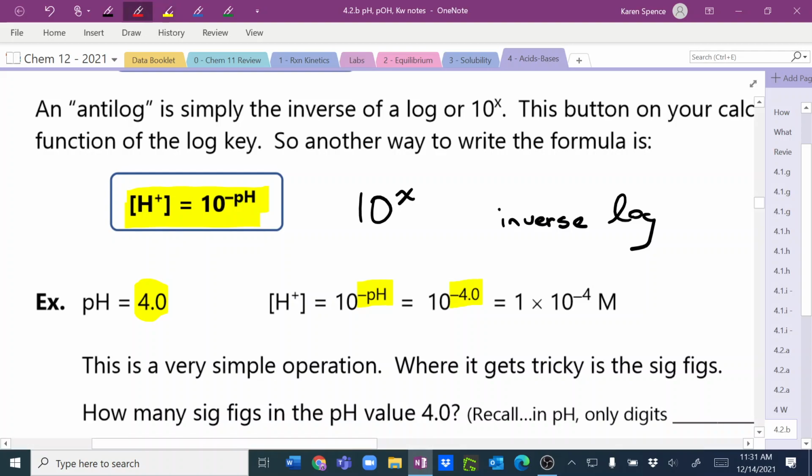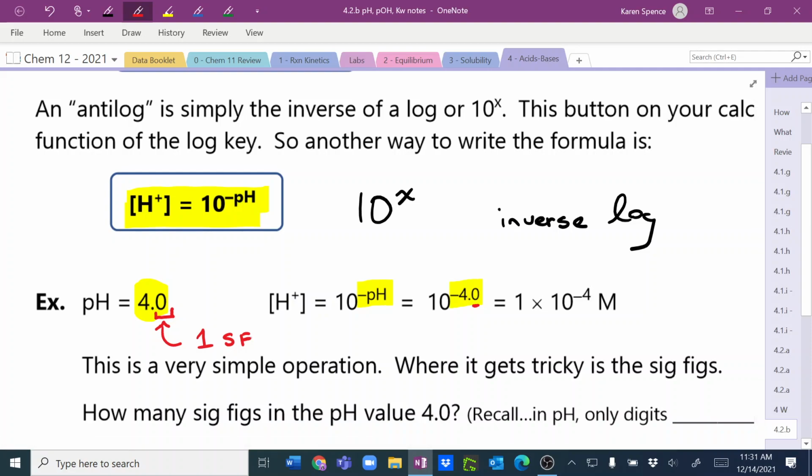And this is where this little bit gets tricky. Do you see this 0 here? How many sig figs in that pH? One sig fig in that pH, because sig figs only occur after the decimal in pH.